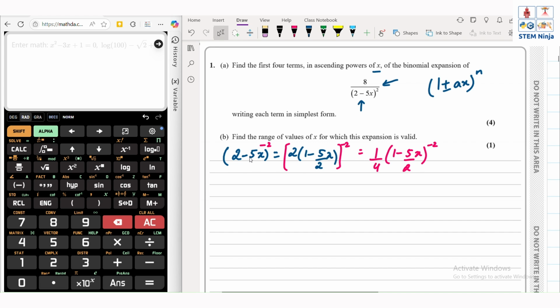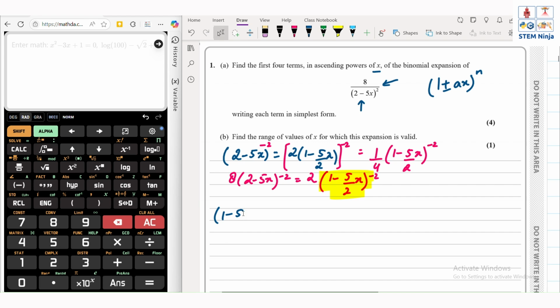When you multiply this by 8, so 8 times 2 minus 5x raised to power minus 2, this will become 8 divided by 4, 2, times 1 minus 5 over 2x raised to power minus 2. So first we need to expand this and then we will multiply the 2 back in.